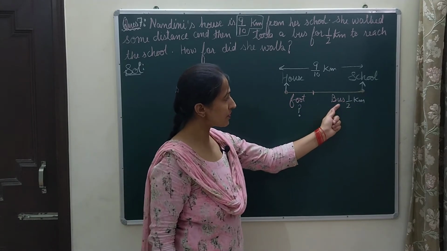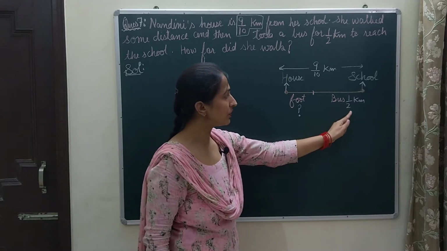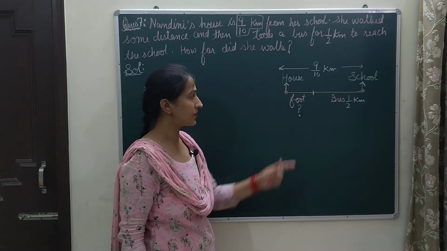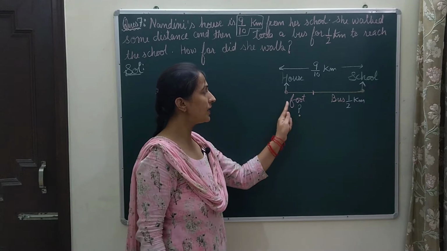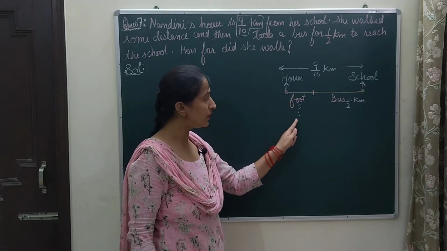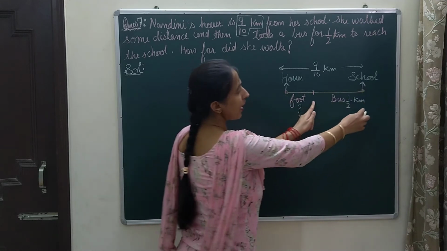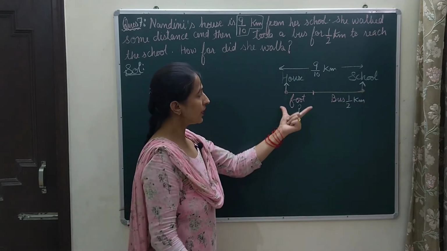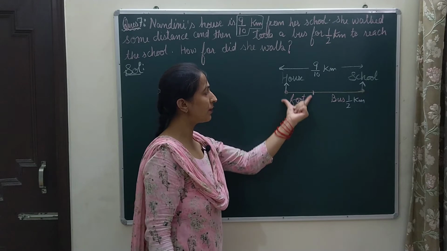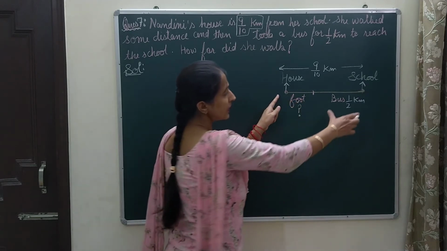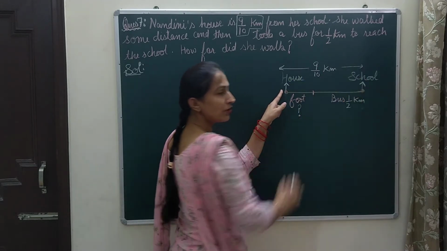The distance she traveled by bus is given to you, that is 1 by 2 kilometers. But now you need to find how much distance she traveled by foot. Now you can find the distance traveled by foot by subtracting this distance from the total distance.